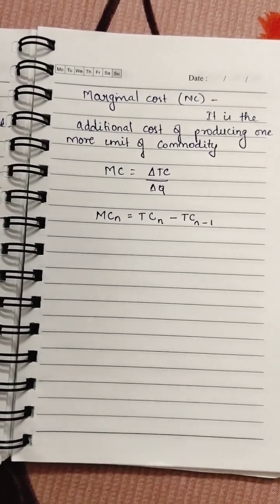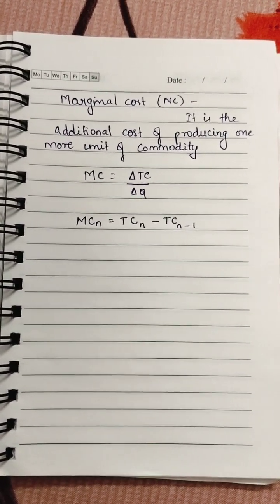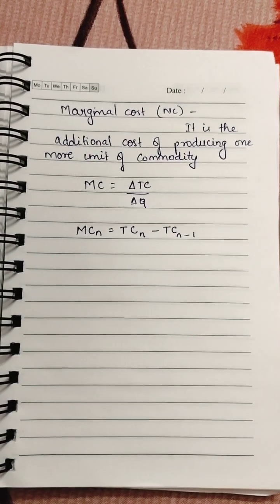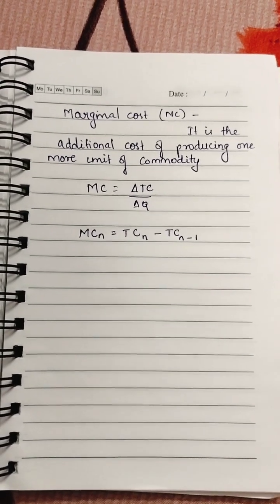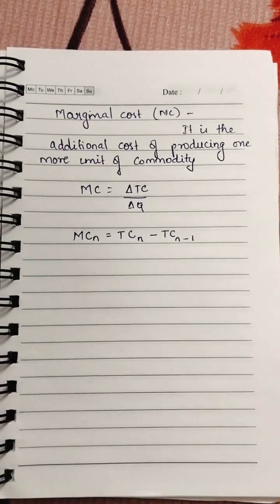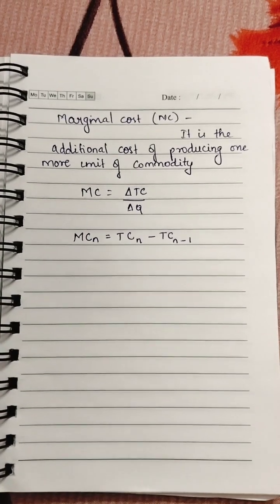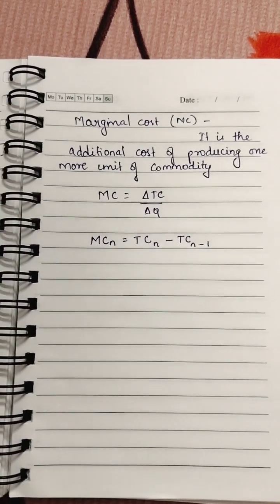Next one is marginal cost. It is the additional cost of producing one more unit of commodity. Suppose you have planned only to produce 10 units of bread or any other commodity, and now you want to add an additional 1 unit. What is the amount it takes to produce that one additional unit?